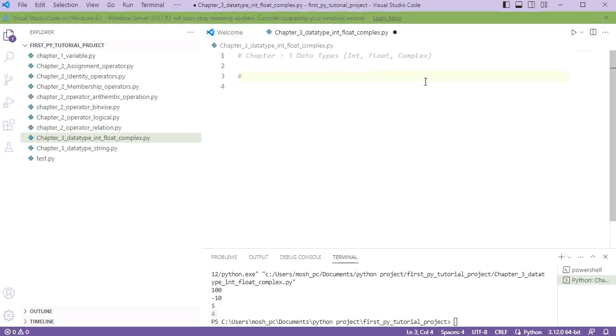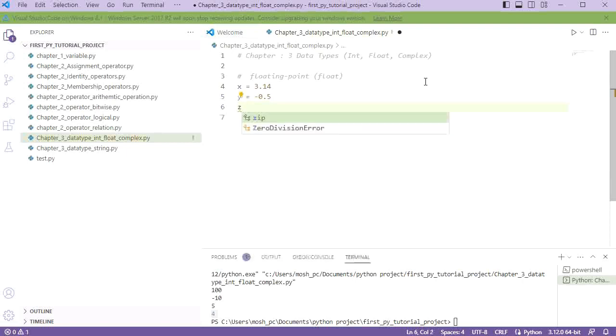Now we will discuss floating point. In Python, floating point numbers are positive and negative real numbers, with a fractional part denoted by the decimal symbol. Look here, these are all floating point numbers.